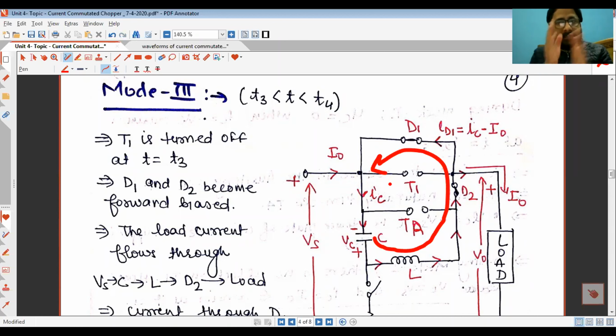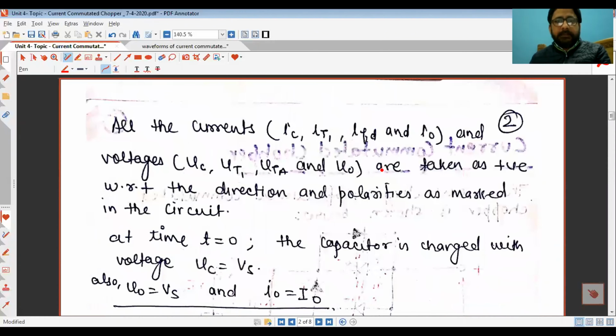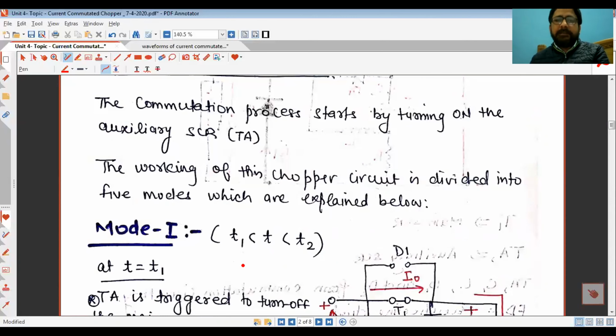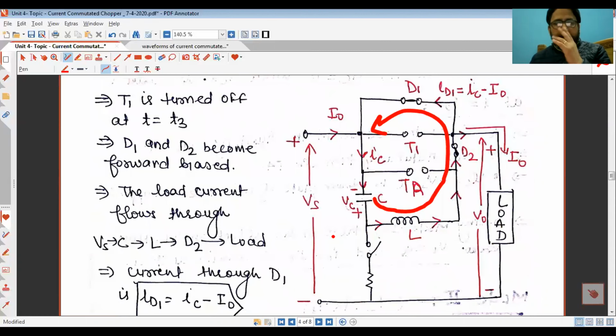Somewhere in the middle of this interval, the voltage across the capacitor will become zero, and the capacitor will charge with a positive voltage, upper plate positive and lower plate negative. This is what we have taken in the main circuit: the upper plate is positive, lower plate is negative. This is assumed to be the positive direction, right?